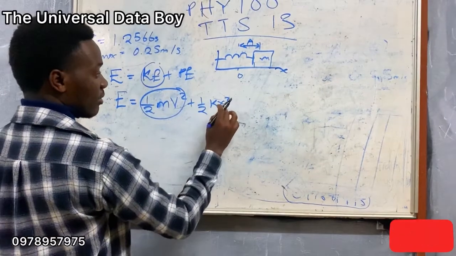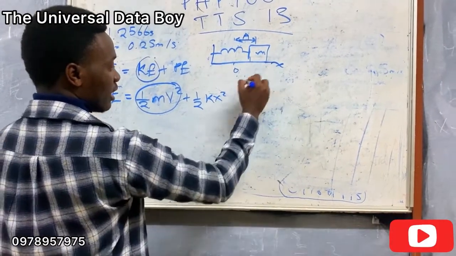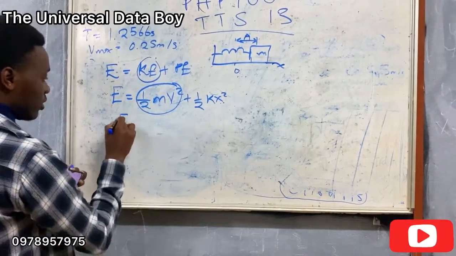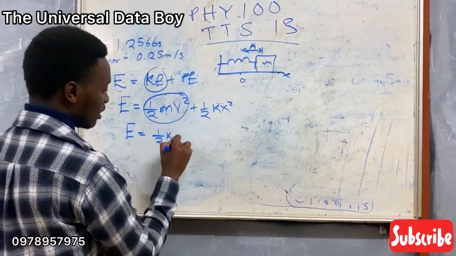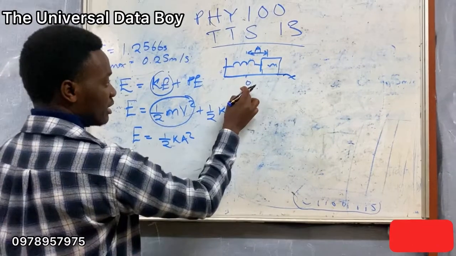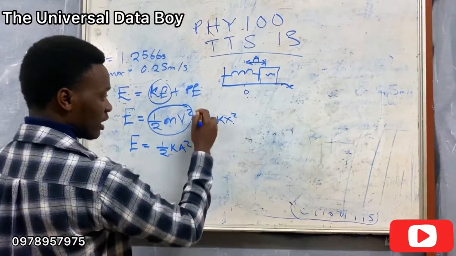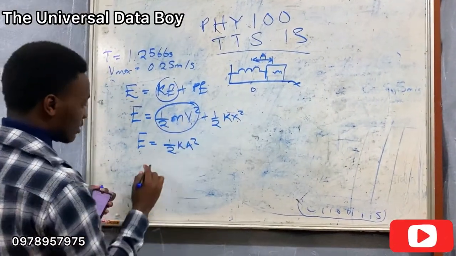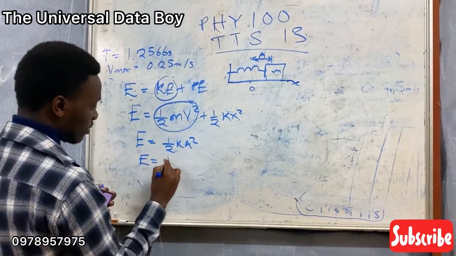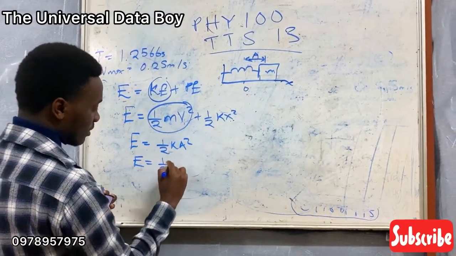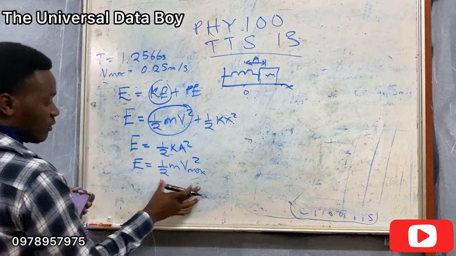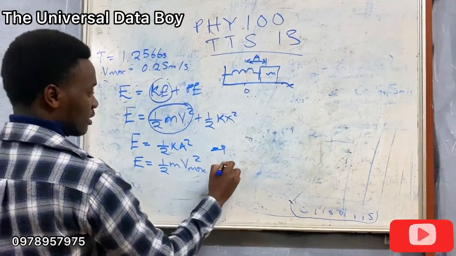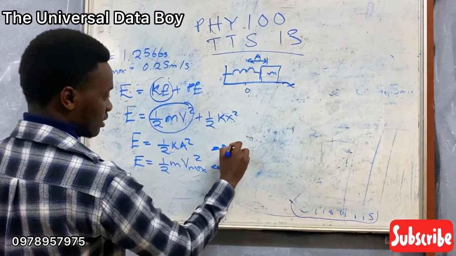But then the x here is equal to A. So the energy at this point is 1/2 k A squared. Then at this point, the x is 0, so the potential energy is 0, but v is maximum. So E is equal to 1/2 m v max squared.